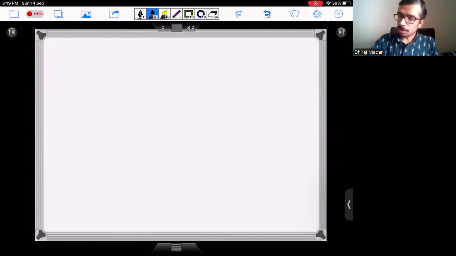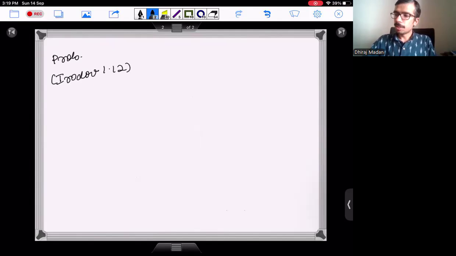This problem is from the textbook Problems in Physics by Irodov. It is problem number 1.12. Now let me state that problem, and then we'll see why we need this idea of velocity of separation.